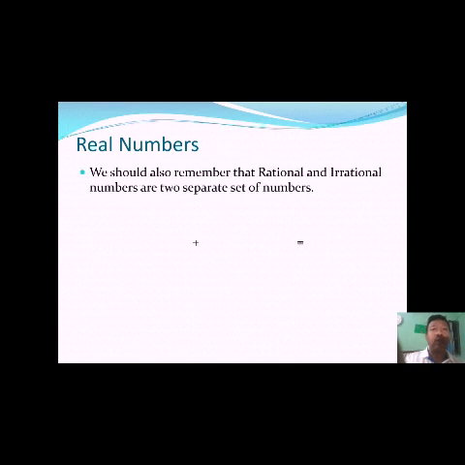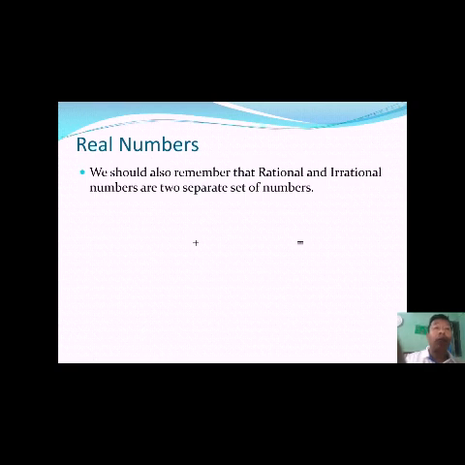Let us see what real numbers are now. We should also remember that rational numbers and irrational numbers are two separate sets of numbers. A rational number cannot be an irrational number, and an irrational number cannot be a rational number.